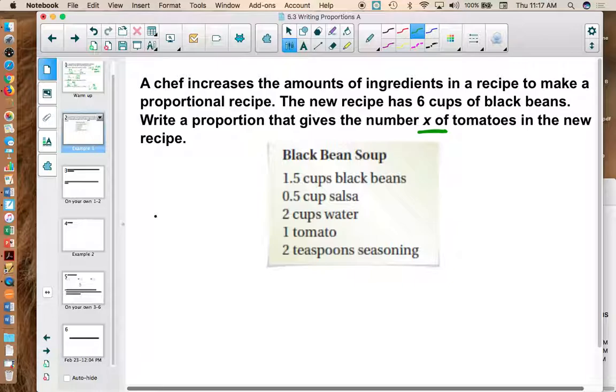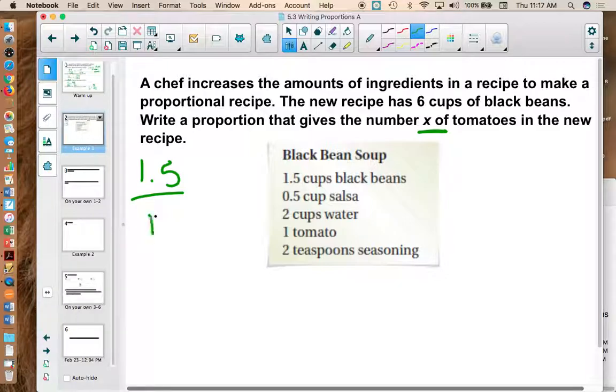Okay. What is the ratio of black beans to tomatoes as we have it right now in this story? Come on, everybody can read. You can all see the recipe. What's the ratio? Black beans to tomatoes. Landon, 1.5 cups of black beans to 1 tomato.